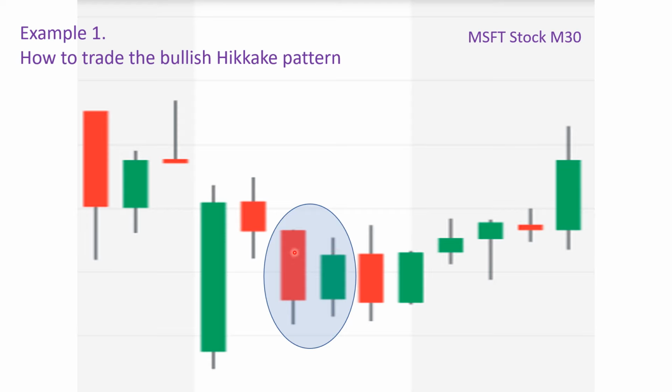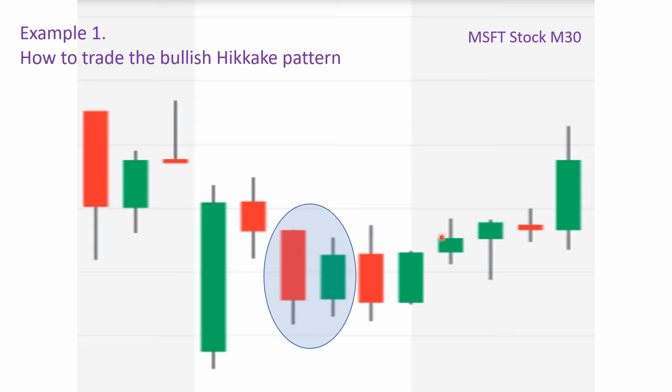A fake to the downside. You see a downside decrease in volatility followed by a reversal with a breakout of the Harami pattern's high, or the inside bar high.